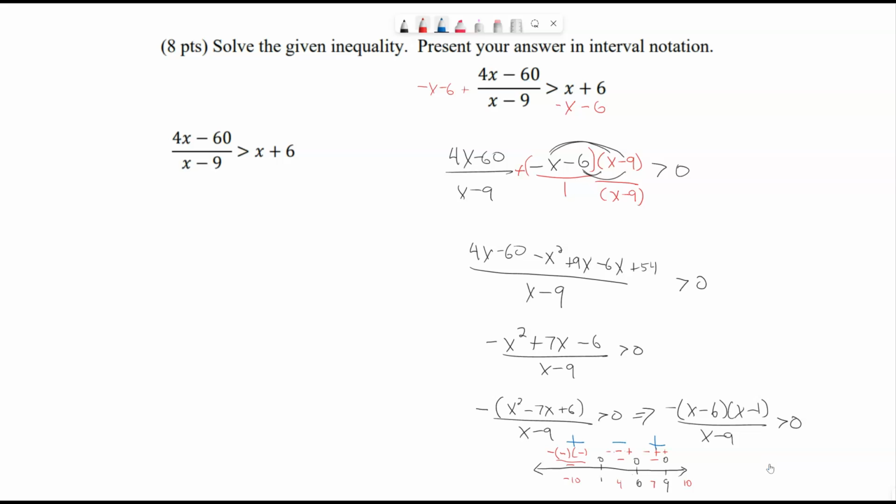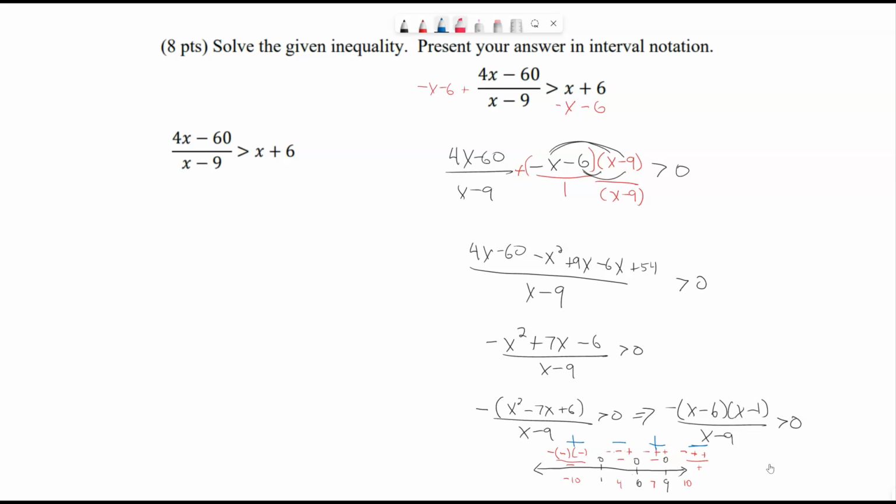And finally, positive 10, we have negative. 10 minus 6 is positive. 10 minus 1 is positive. 10 minus 9 is positive. 1 negative ends up being negative.